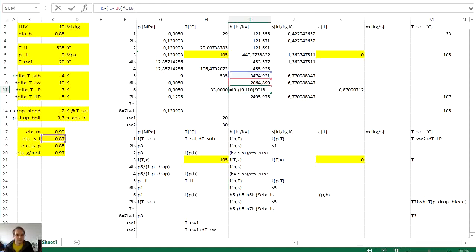So here we can link the efficiency of the turbine, and basically use the same function, but of course from the starting point, the beginning of the turbine, node number 5. So now we have enthalpy, and the pressure remains the same as for the isentropic expansion, of course.